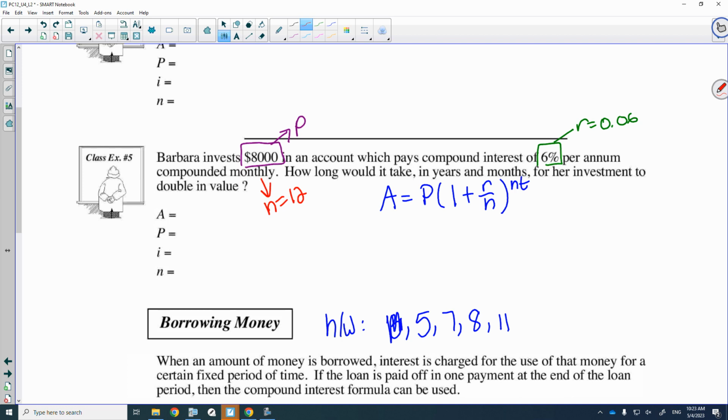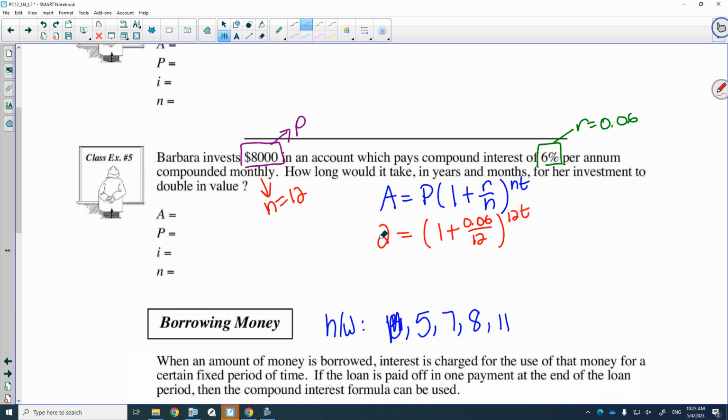Okay, so you guys, instead of doing 16,000 and 8,000, let's just do a shortcut and put a 2 here. That would be doubling in value. Again, I could do 16,000 and 8,000. You divide out the 8,000, you're going to get 2. So I'm just kind of skipping a step. 1 plus the rate divided by 12, 12 t.